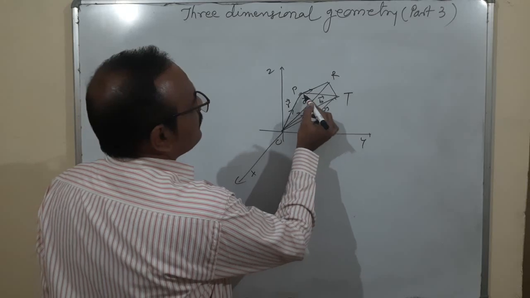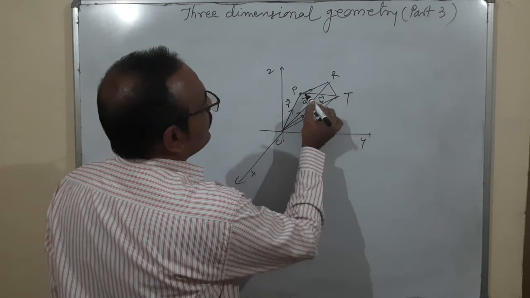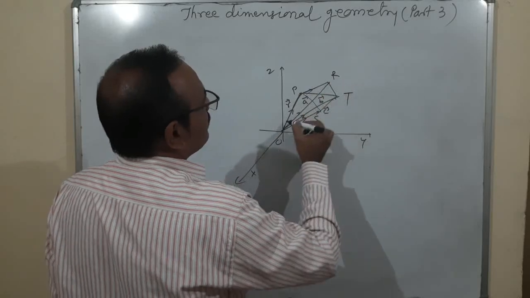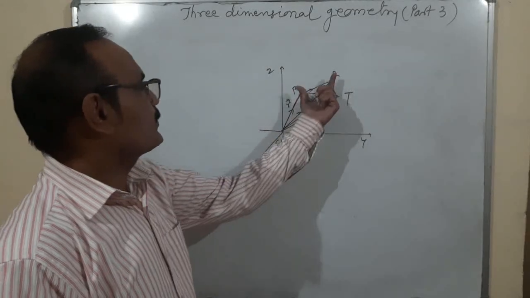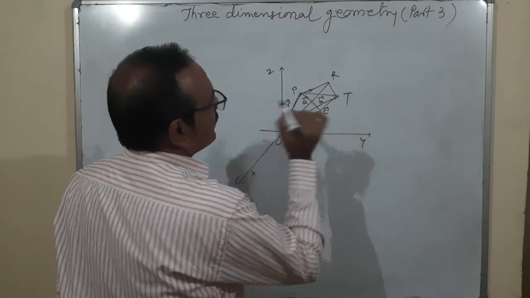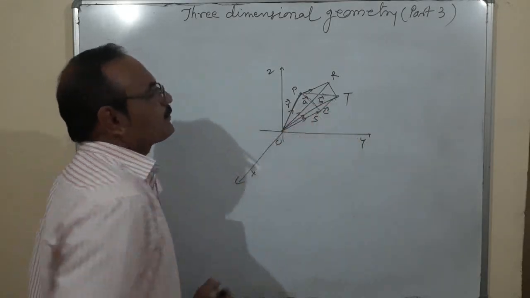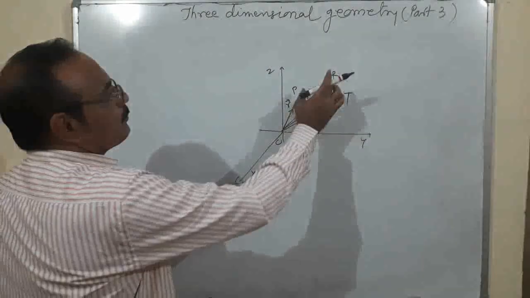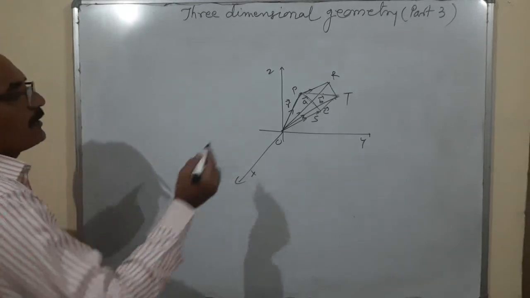I want to take R minus A, that means this is PR. Second is PT and third one is PS. We'll discuss these three: PR, PT and PS.